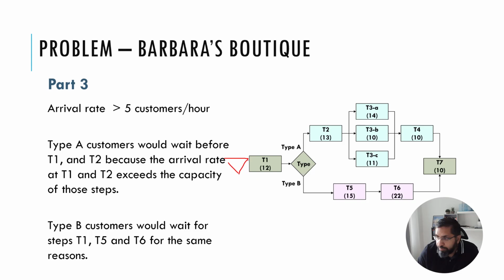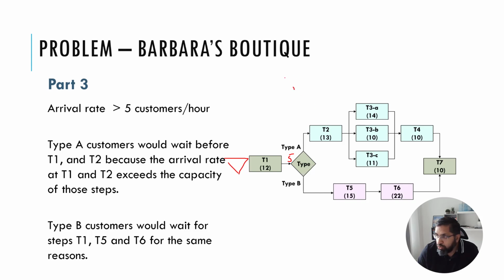Now, after T1, you only get 5 customers per hour being sent out, because even though more than 5 arrive per hour, T1 can only handle 5. So let's look at type A customers. How much can T2 handle?